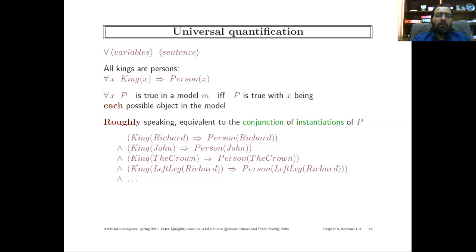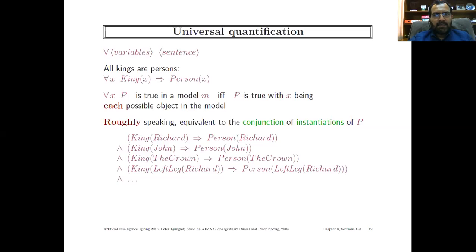So you can say for all x, which x are we referring to? Those x who are kings. That representation in the form of the predicate will be King(x), implies those x are also persons. Why? Because the statement says all kings are persons. This implies that all such x are persons. So that representation is in FOL.